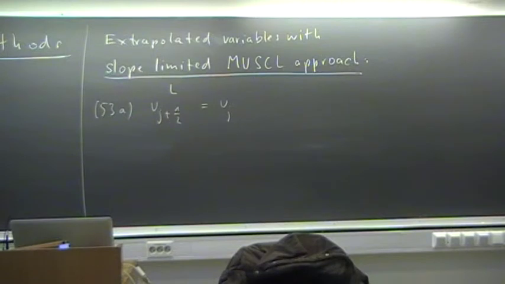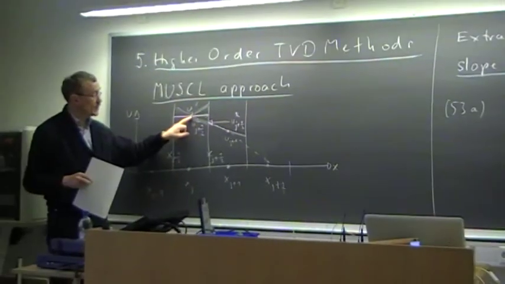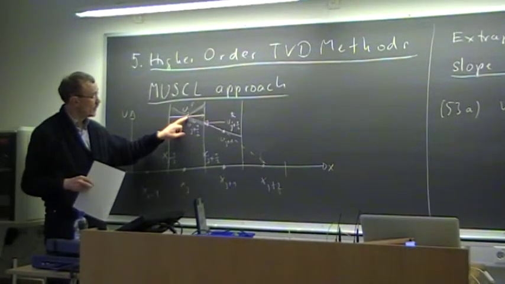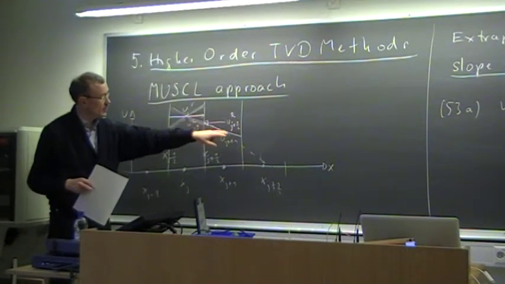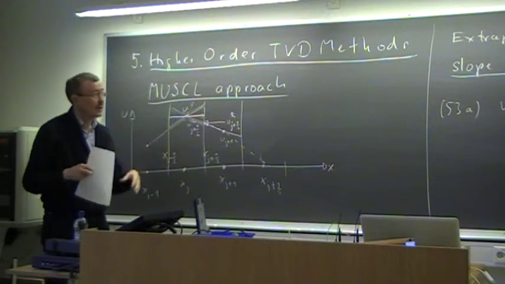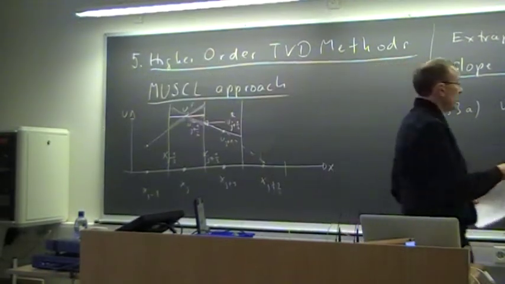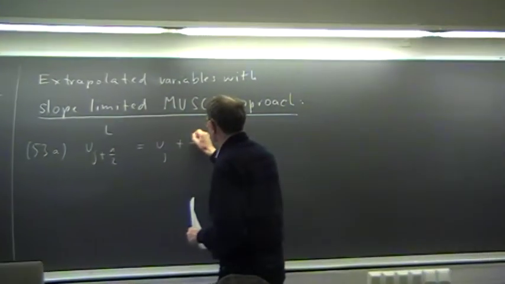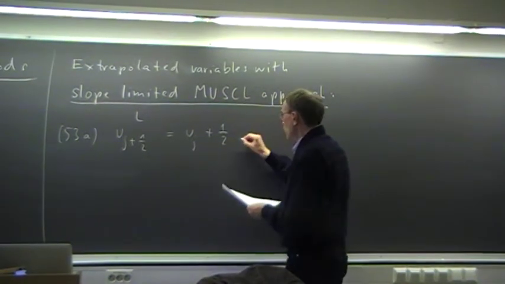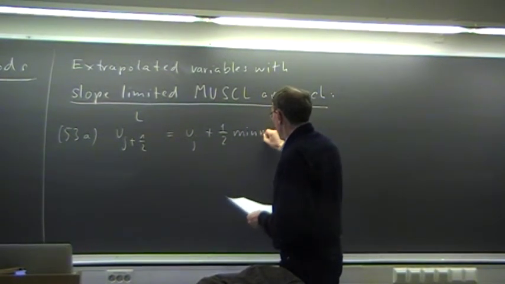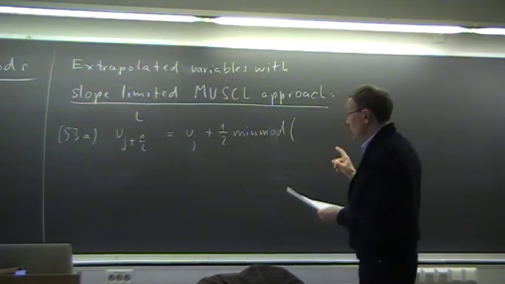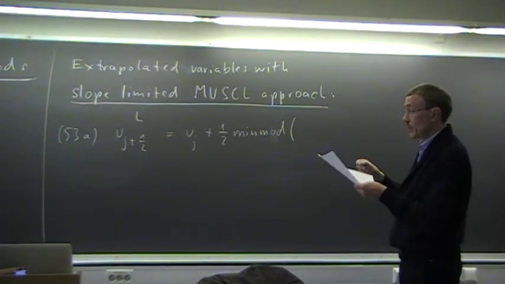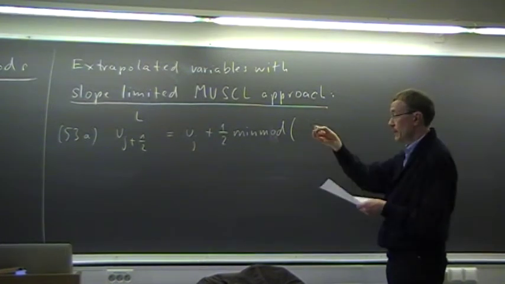And then we add half of the difference, say uj minus uj minus 1, but limited. And we express the limiting by a function that we call min mod. We define that shortly. And that checks exactly what we did also just in the sketch.